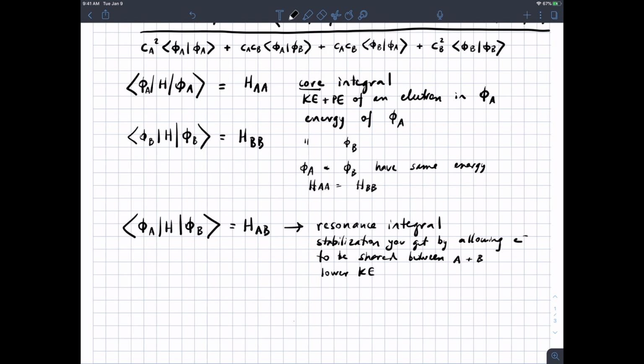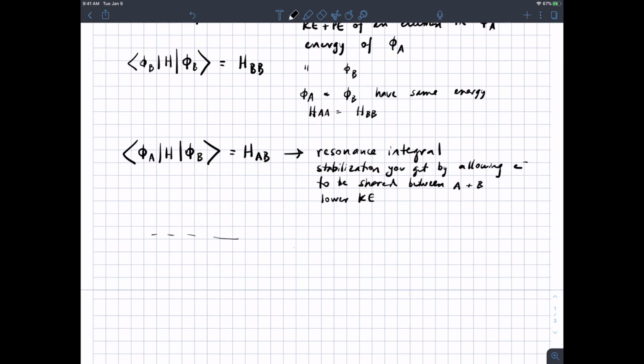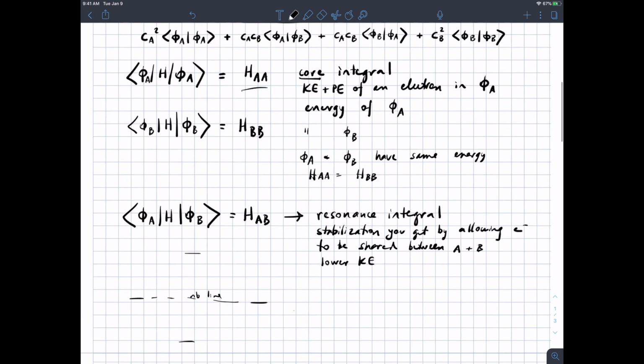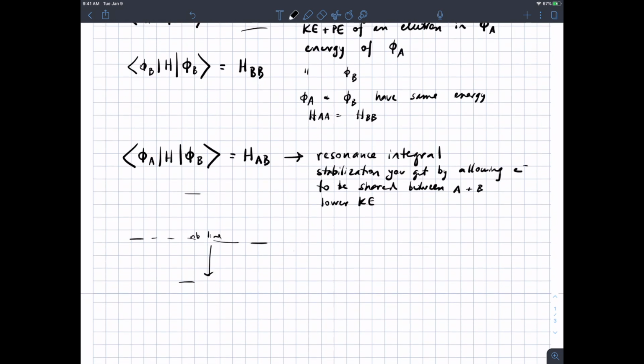I don't know if any of you remember back in 351 when we were doing these orbital diagrams and we had the starting orbitals here, we had our so-called non-bonding line, we had our bonding orbital down and an anti-bonding orbital up. The core integral is basically the non-bonding line. It's where you were before you formed a bond. And to a first approximation, the energy of the bonding orbital should be something like HAA minus HAB.